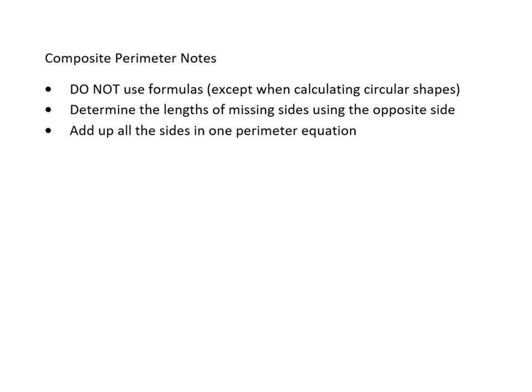You do not use formulas except when calculating circular shapes. Then the other thing you want to remember is to determine the lengths of missing sides using the opposite side. Go back in the video to see how to do that if you're not sure. And then basically all you're doing when you're doing composite perimeters, you're adding up all the sides in one perimeter equation to get your answer.